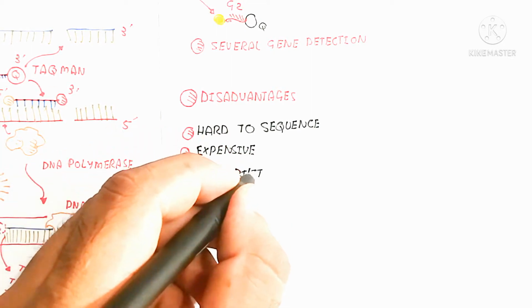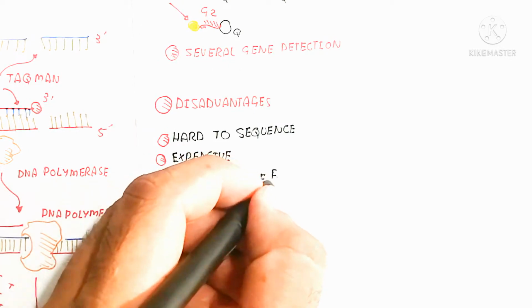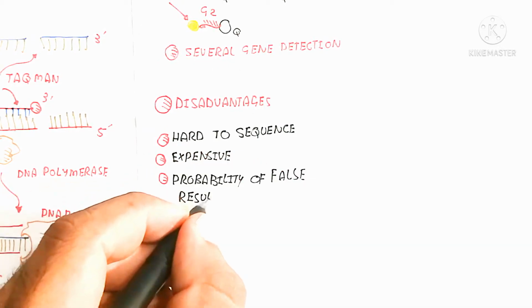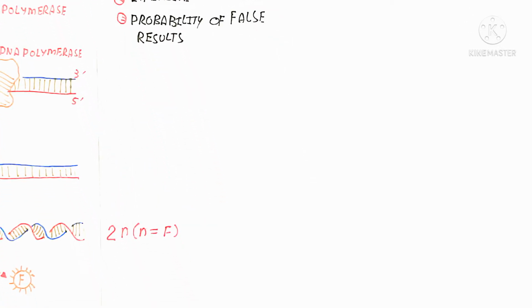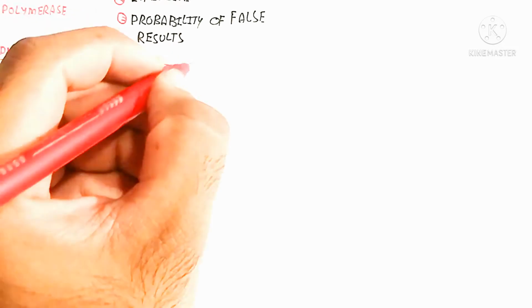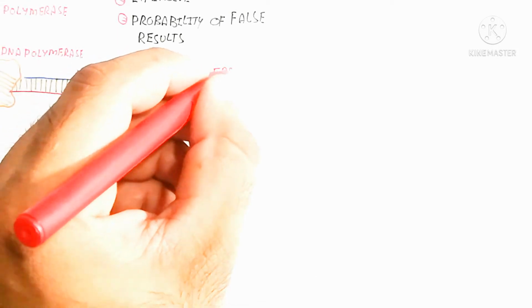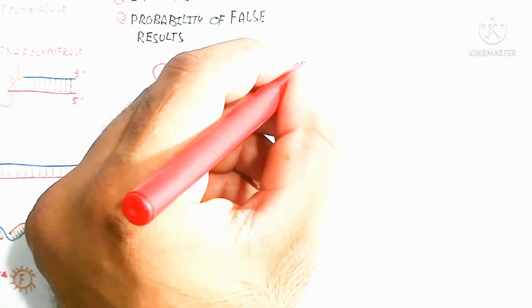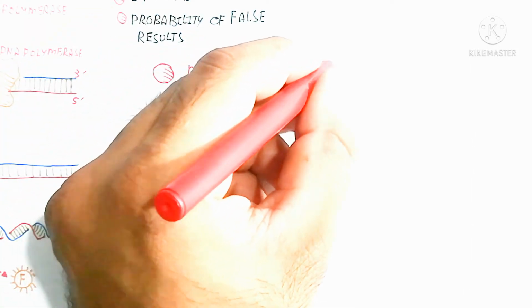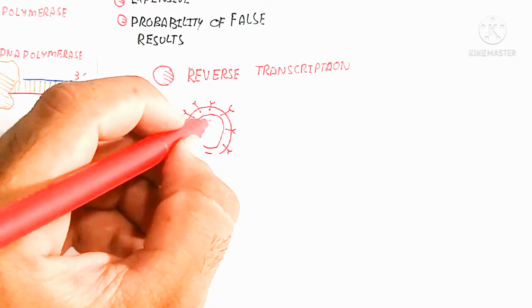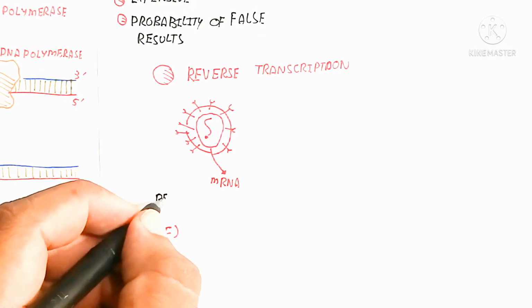It is hard to sequence because of the different types of color, which is difficult to sequence, but we can take two or three probes containing a gene of interest, three types, so we can check easily. It is expensive, and the probability of a false result can be there.